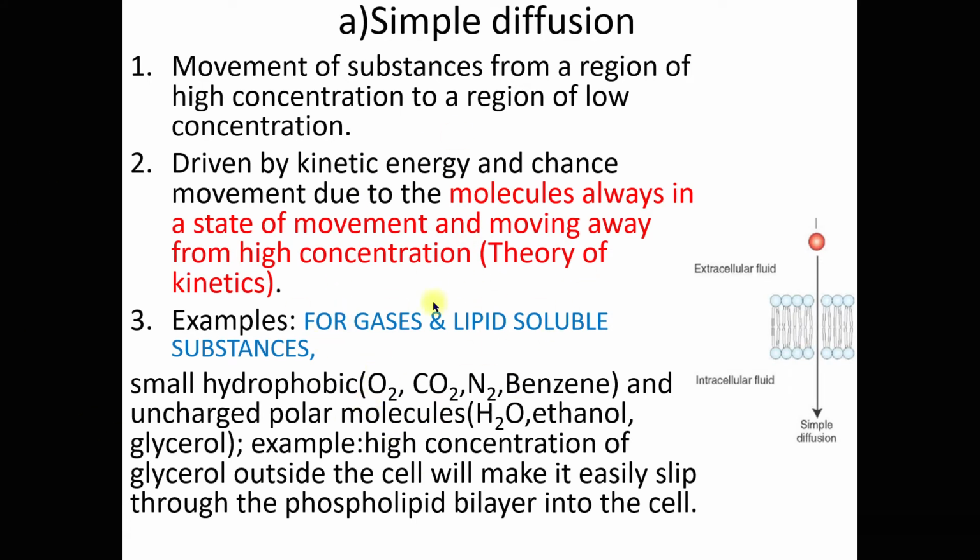Examples of solutes that perform simple diffusion are gases and lipid soluble substances, then small hydrophobic and uncharged polar molecules. These four types of solutes: gases, lipid soluble substances, small hydrophobic substances such as oxygen, carbon dioxide, nitrogen, benzene, and then uncharged polar molecules like water, ethanol, and glycerol.